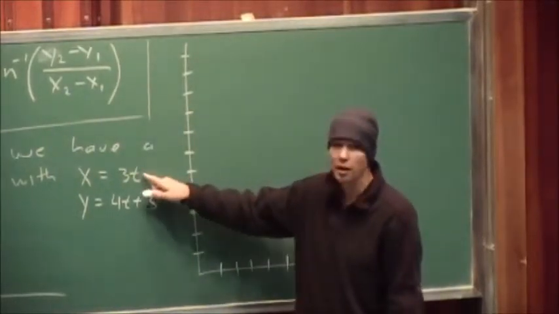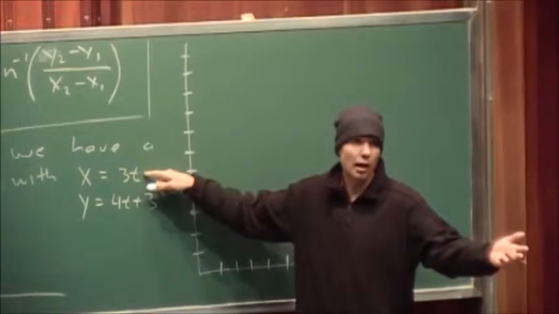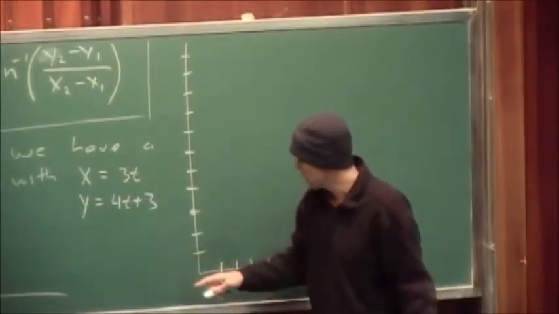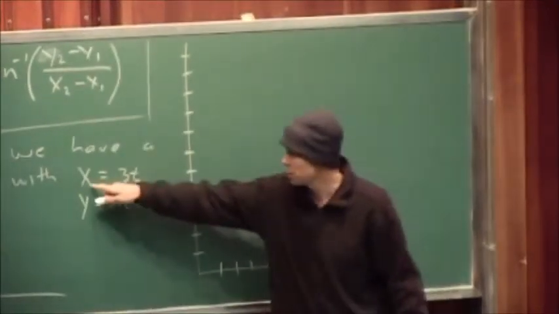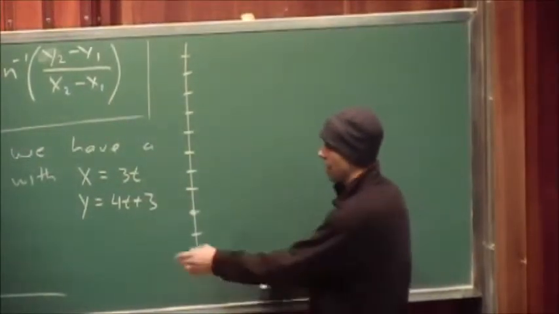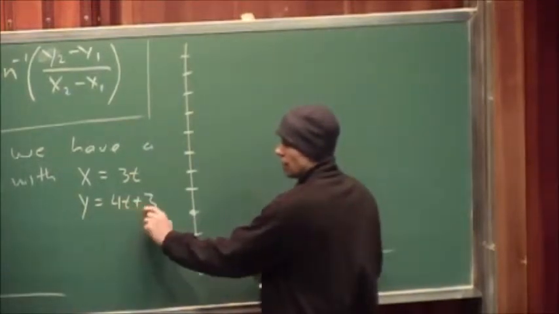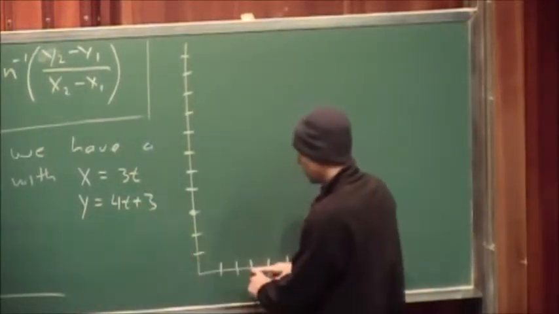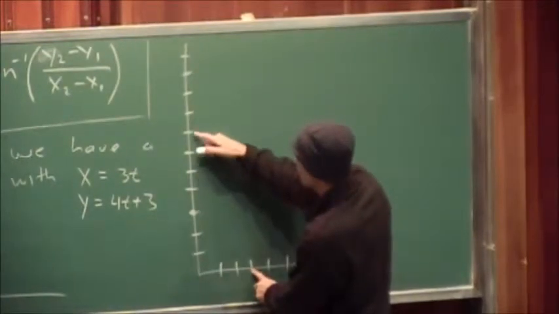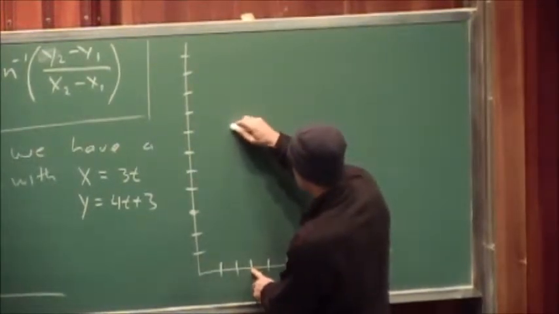At time t equals 1, we'll just associate this with MKS units, meters, kilograms, seconds. So at 1 second, x is equal to 3, so we go out to 3, and y is equal to 7. So we go 3 over, and then up 7. Then we draw our next point.